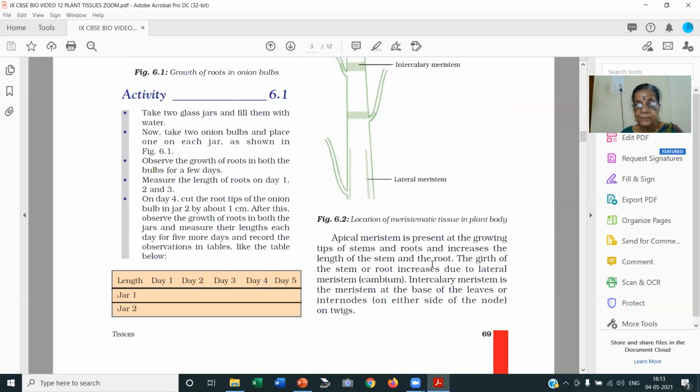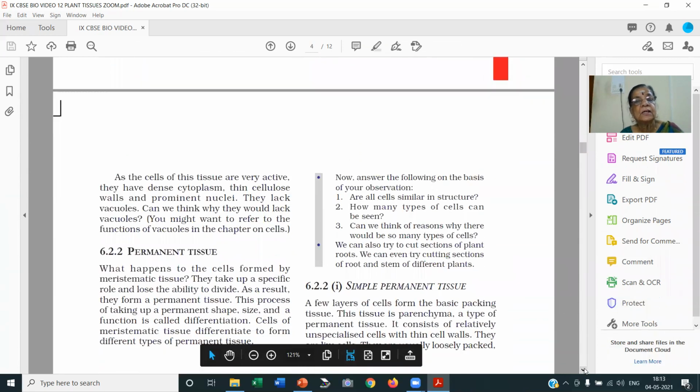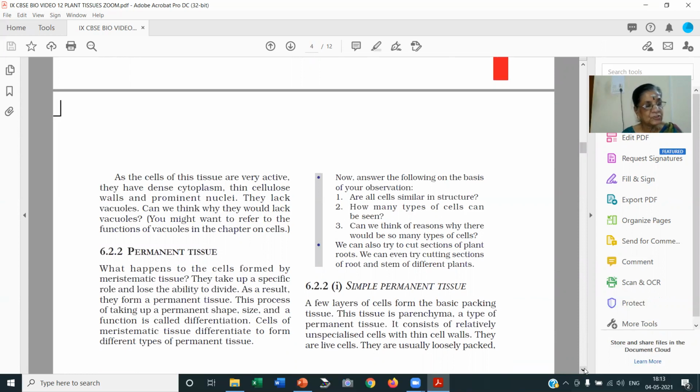I hope you follow. And then next one: the characteristics of meristematic tissue. As the cells of this tissue are very active, they have dense cytoplasm, thin cellulose cell wall, and prominent nucleus.